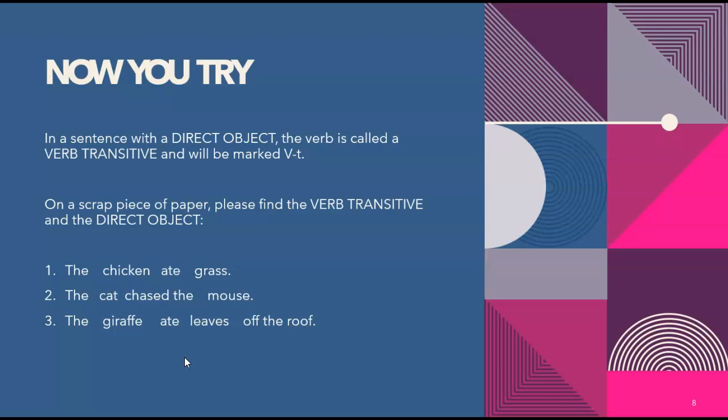And I want you to write each of the sentences, so make yourself enough room. Write the sentences: the chicken ate grass, the cat chased the mouse, the giraffe ate leaves off the roof. And I want you to label those with the subject noun, the verb transitive, and the direct object. Of course, any article adjectives as well. So hit pause, and then when you come back, we'll take a look at them.